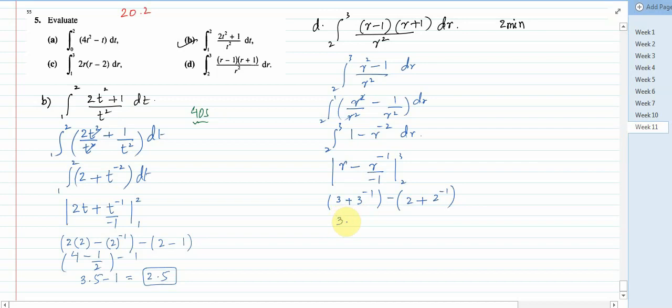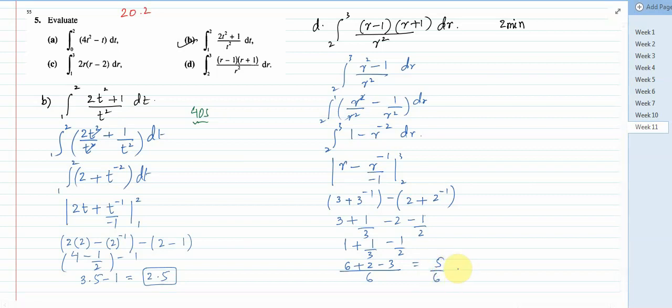So 3 plus 1 upon 3 minus 2 plus 1 upon 2. 3 minus 2 is 1, plus 1 upon 3 minus 1 upon 2. LCM is 6. 6 plus 3 2s are 6, 2 1s are 2, 2 3s are 6. So 6 plus 2 is 8, 8 minus 3, it's 5 divided by 6. So that is your final answer.